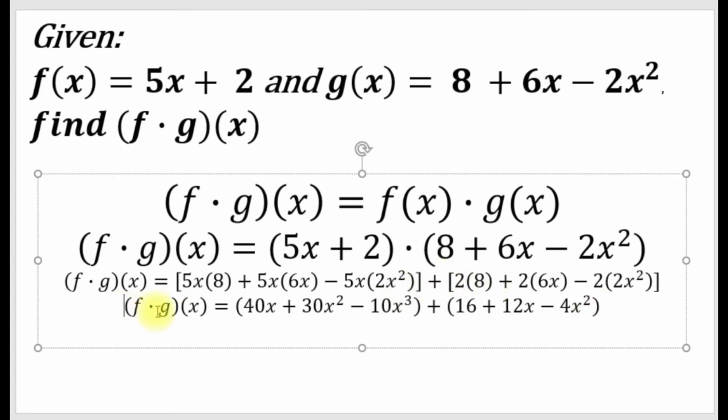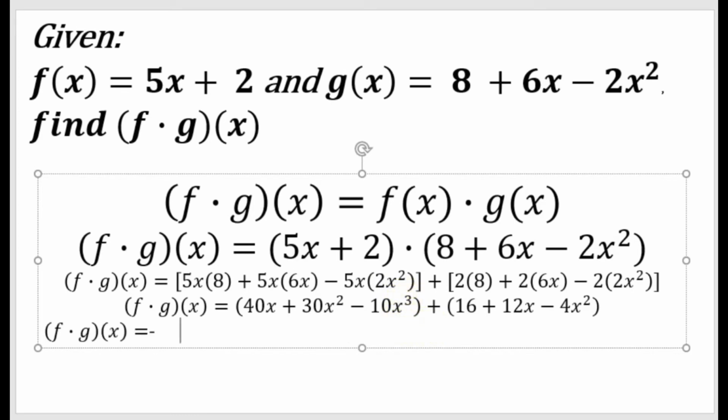Doing that, we'll have, so first, let's try to look what is the highest degree of our exponent, and that is the third degree, or the exponent 3.